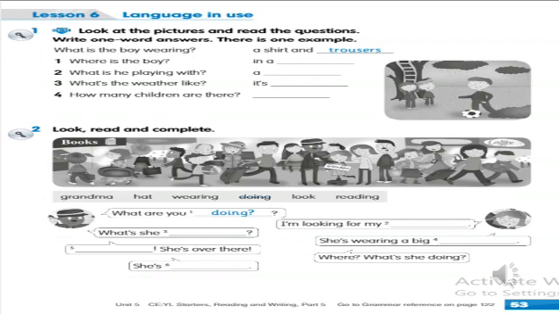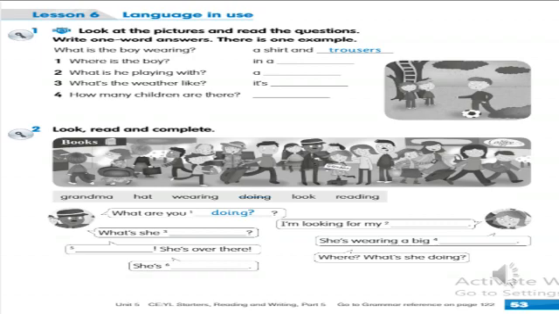So when the answer is she's wearing, the question is what's she wearing? The answer, she's wearing a big what? There's something that we can wear from the box. Look at the word for something we can wear. Can you find it? Okay. She's wearing a big hat. Yes, very good.